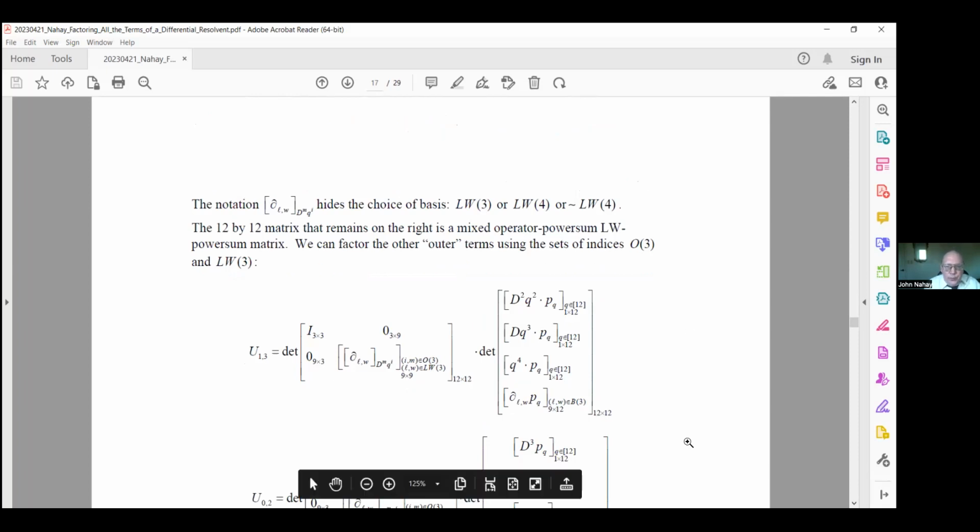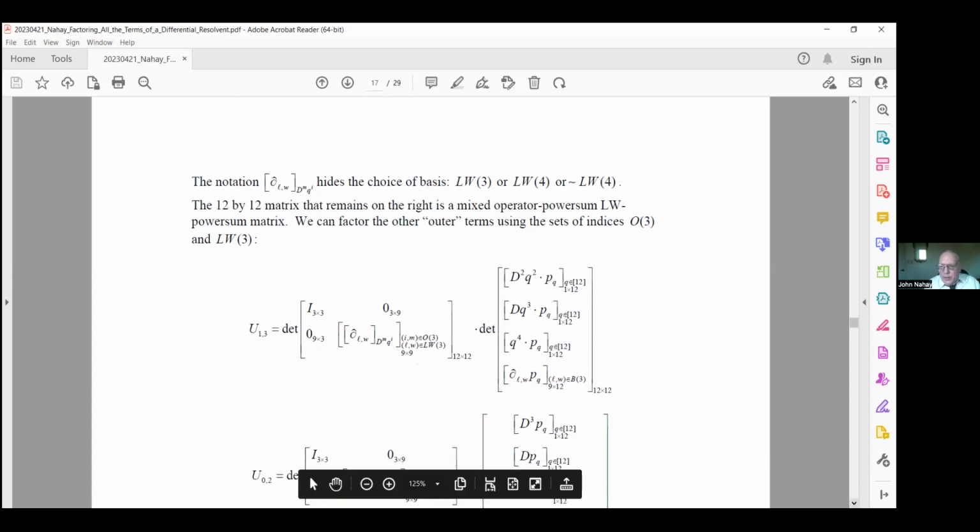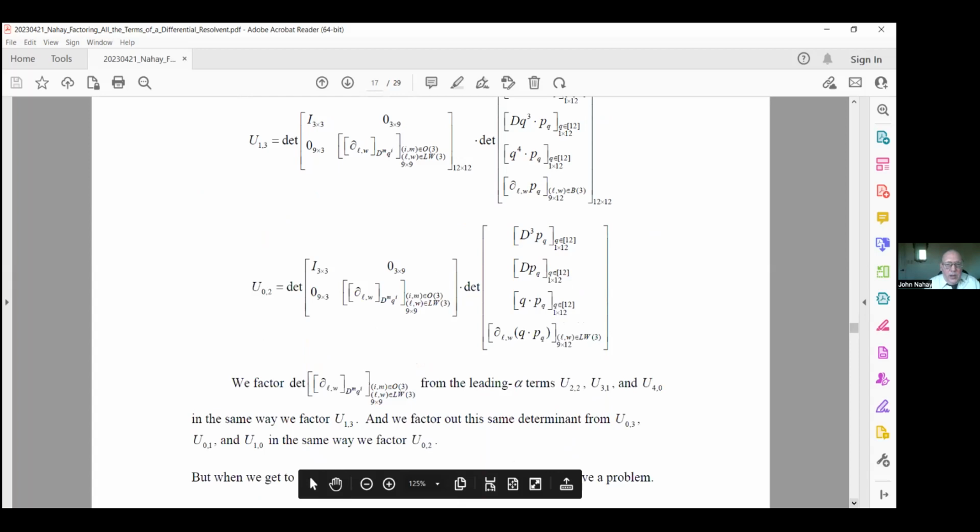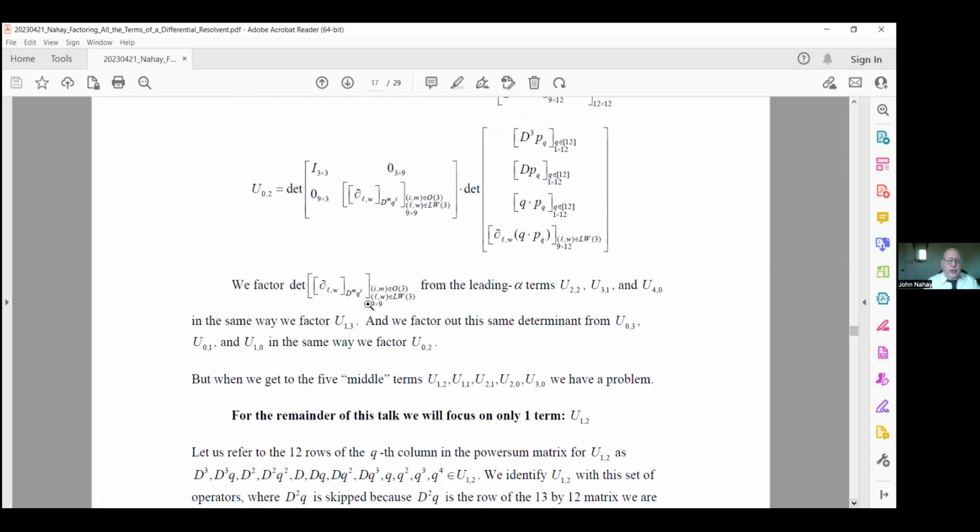And here's U13, here's how this factorization works again. The same factor pulls out. All right, we factor this determinant of this transition matrix out from the leading terms, and the same for U22, U31, U40, in the same way we factored U13, because U22 and U31 have the highest power on alpha in those derivatives.